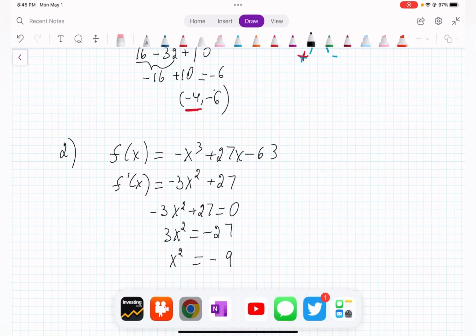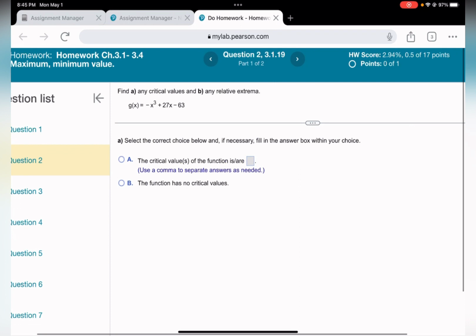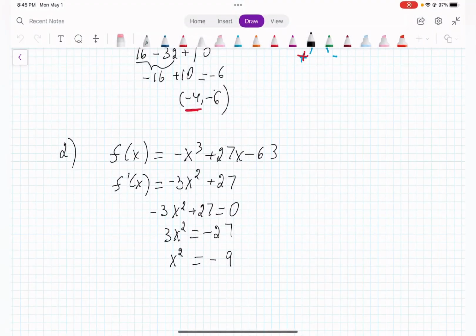Let me see it. I will check one more time. Okay. And we are getting -3. Oh, see here again, minus.